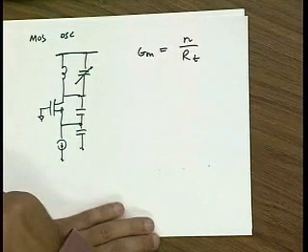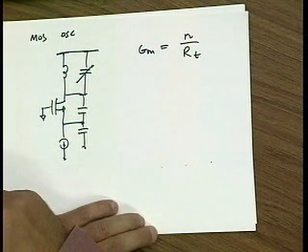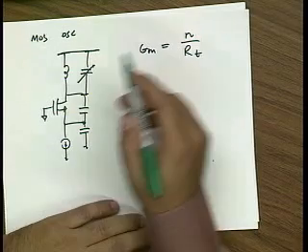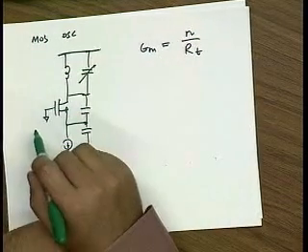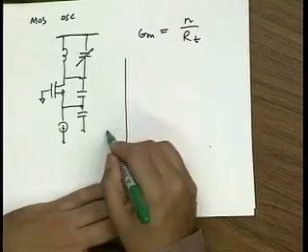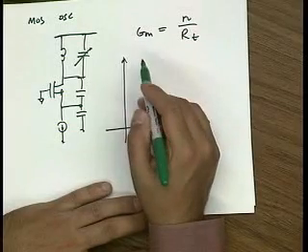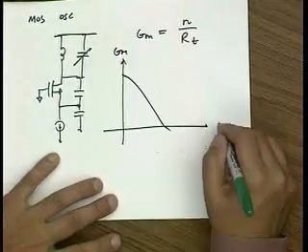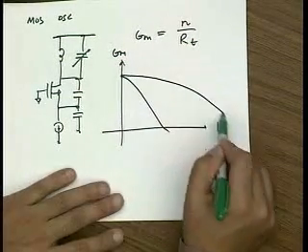Okay? Now, because bipolar GM is much larger than MOS GM, and because the bipolar is much more nonlinear than the MOS, this is a question that David asked last lecture, what we find is that for a bipolar device, the GM curve might look something like this. So this is GM versus the oscillation amplitude. For MOS, it might look something like this.